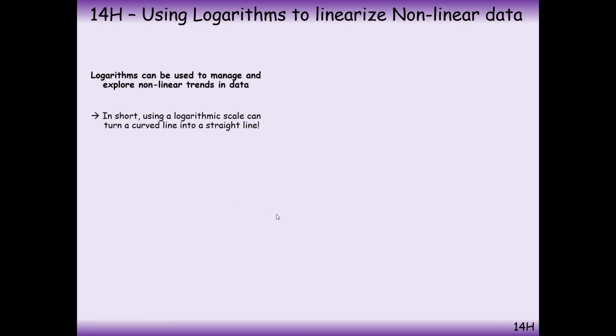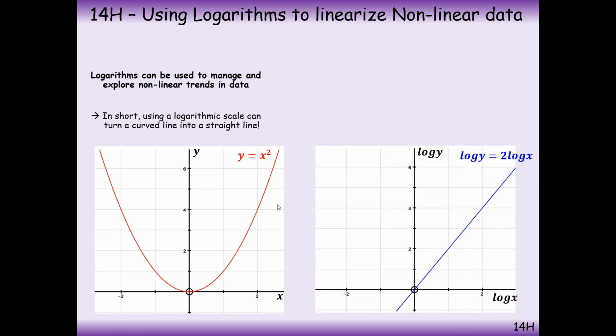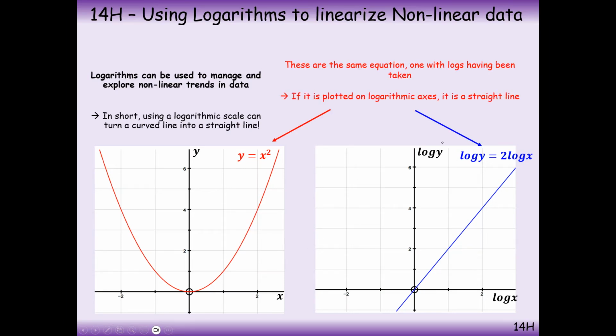So here I'm just going to show you some graphs where, when you take the log of both sides of this equation here, you end up with the equation on the right side of the page, written in blue. Log of y equals 2 log of x, and that's when you are plotting the log of x against the log of y. Notice that's why it has a gradient of 2.